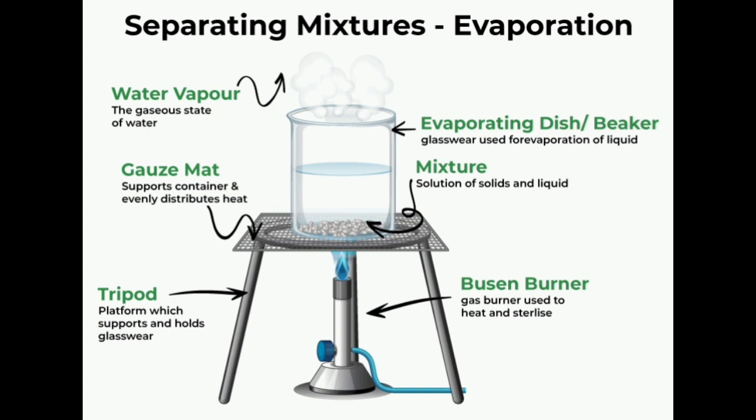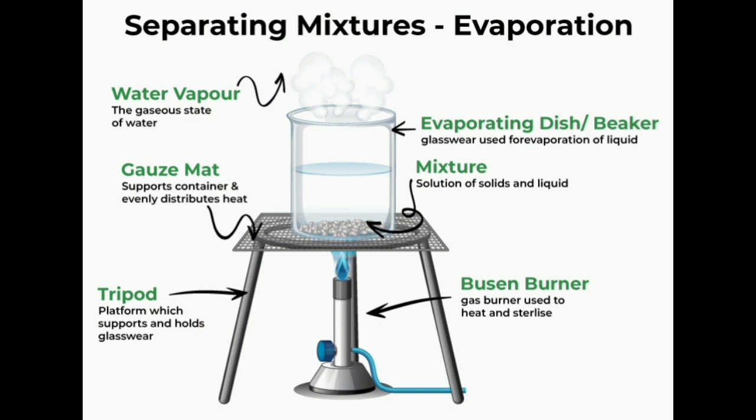It's only the solvent, the water, that is changing to gas and goes to the atmosphere. So the water will leave slowly until there is no water again. Since the sugar did not evaporate, the sugar will remain inside there and you get back your sugar. So you see how you used evaporation as a separation technique.